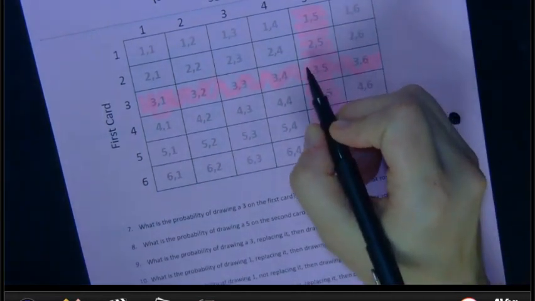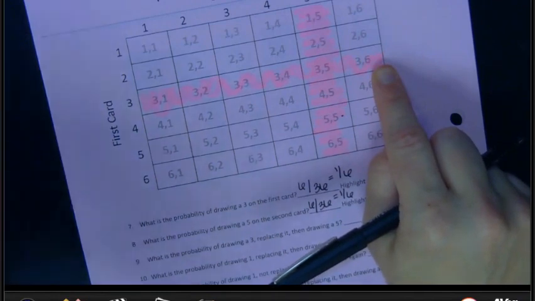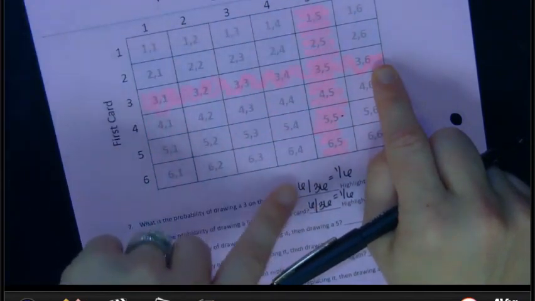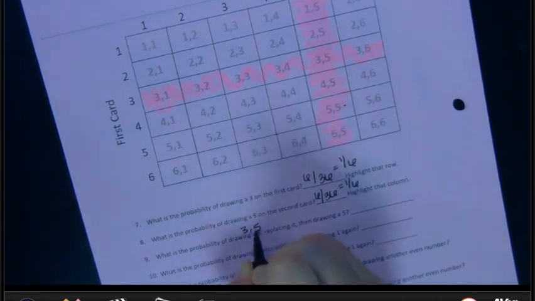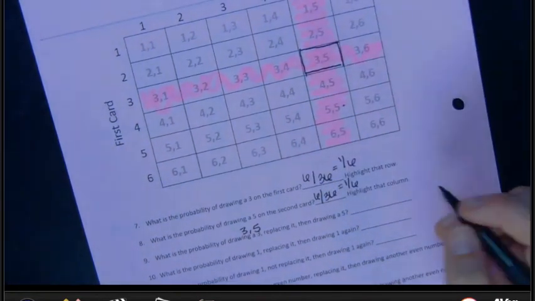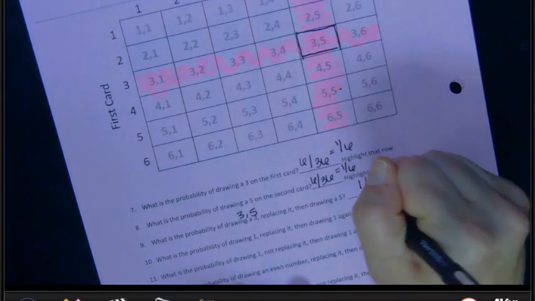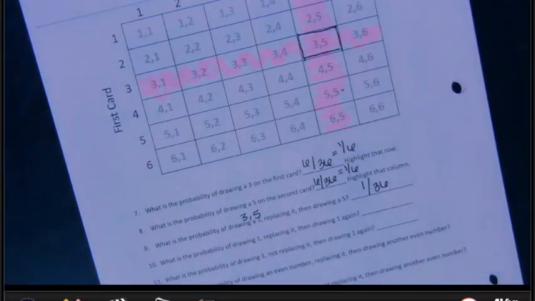So I drew a 3 the first time. Okay. And I replaced it. I want to know what's the probability that I'm going to get a 5. So I'm going to have a 3, 5. Well, the only chance of having a 3, 5 is this one individual cell. So it's 1 out of the total of 36 possible outcomes.